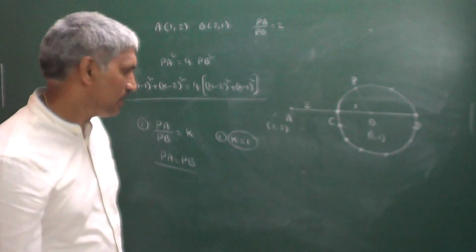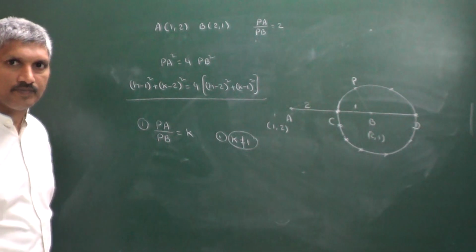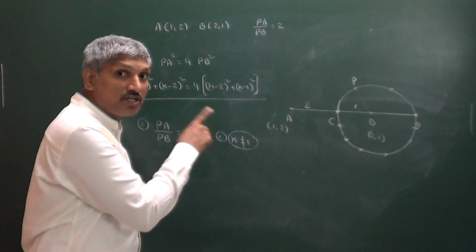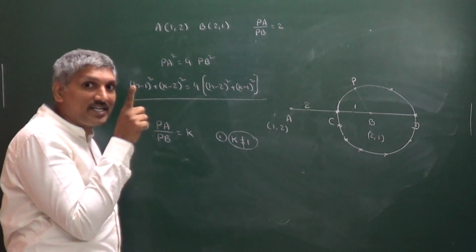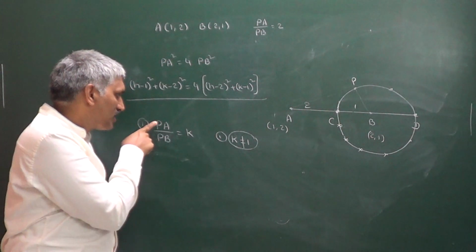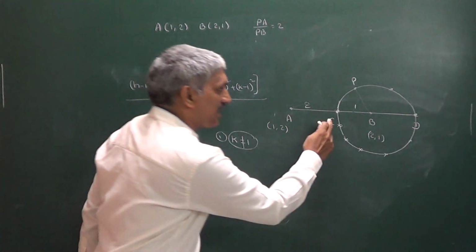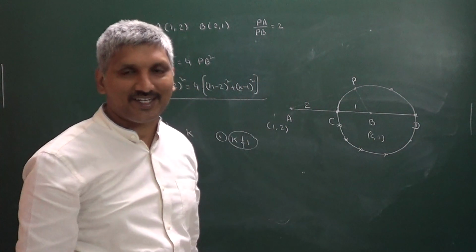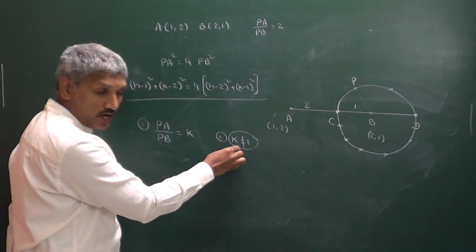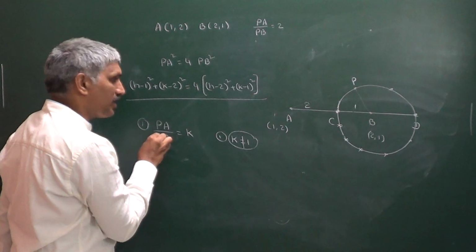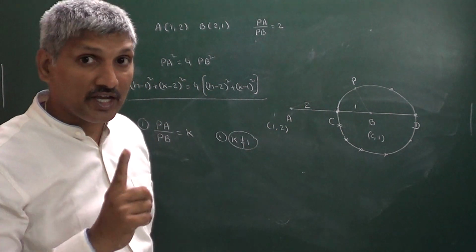Next, if k value is not equal to 1, the locus of P represents a circle with CD as a diameter.